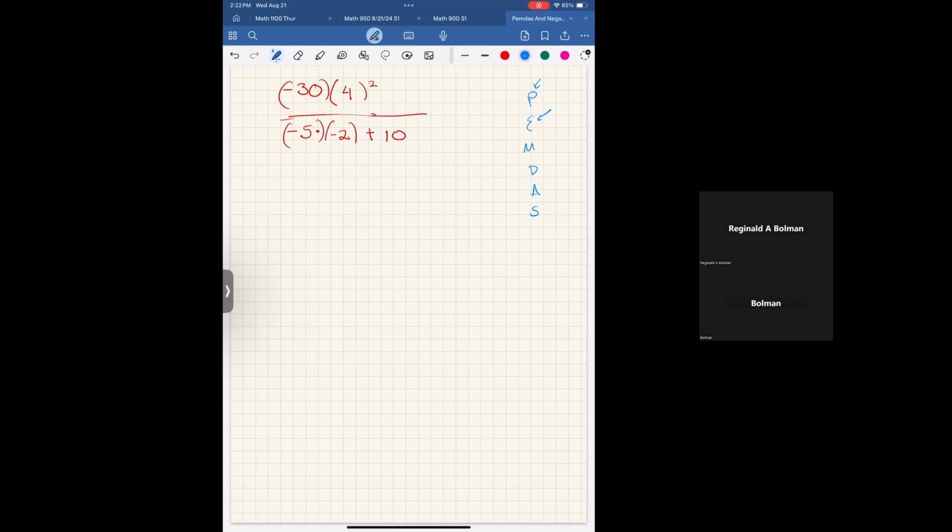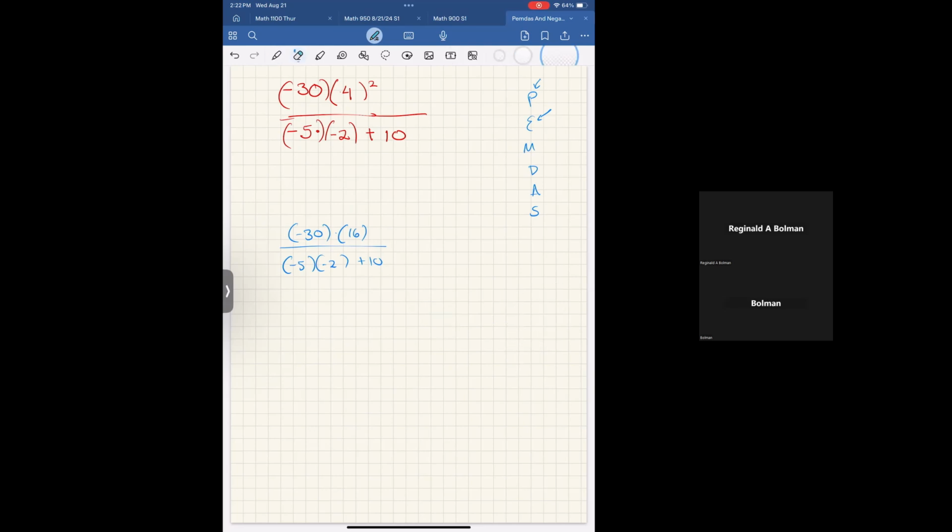And you'll note that in the numerator, you've got 4 quantity squared. So 4 quantity squared is going to be 4 times 4, which gives you 16. So we'll have -30 times 16 all over -5 times -2 plus 10.